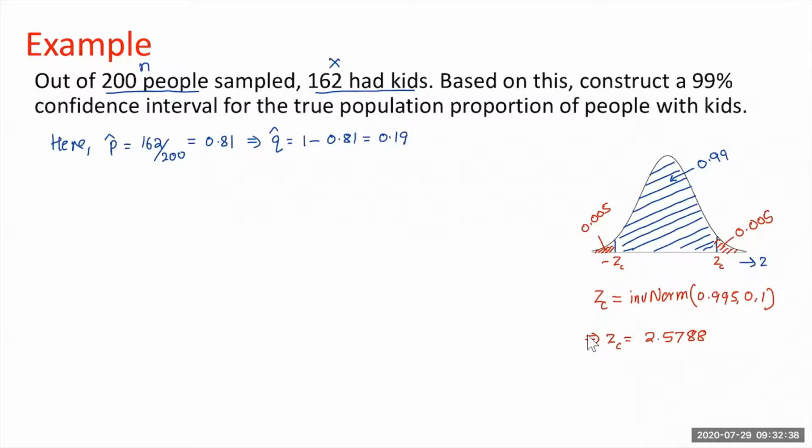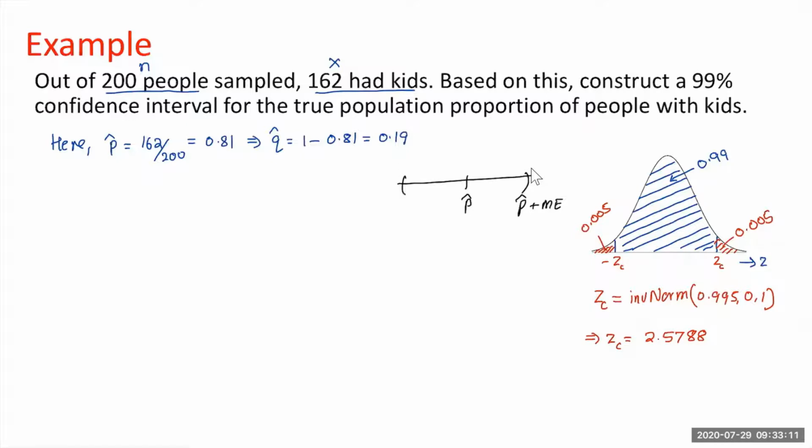Okay, we have z sub c, we have the proportion, and we want to construct a 99% confidence interval. The idea in construction of a confidence interval is, in the middle, you'll have the point estimate. In this case, we are talking about the proportion, so you'll have p hat in the middle. That is your sample proportion, which is called the point estimate. To the right, we add the margin of error, so it will be p hat plus margin of error.